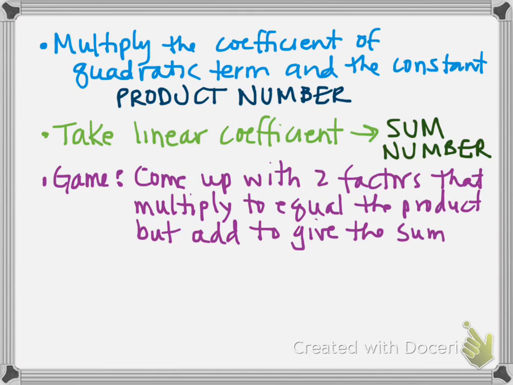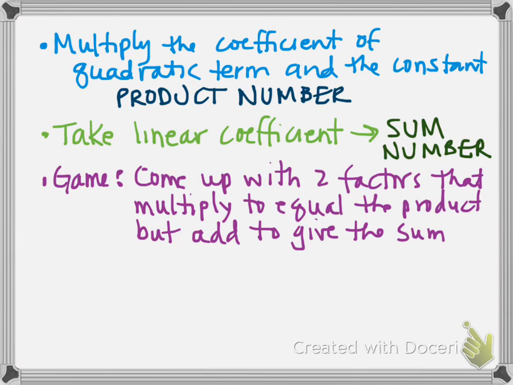That's your game. Some terms have very few factors. Some of them have a ton, so it takes a little longer to process through it. You will come across some very large numbers on your homework in which you have to really think about factors and pairings, and it takes you a little while to come up with the match, okay? Most of them are going to be fairly simple.